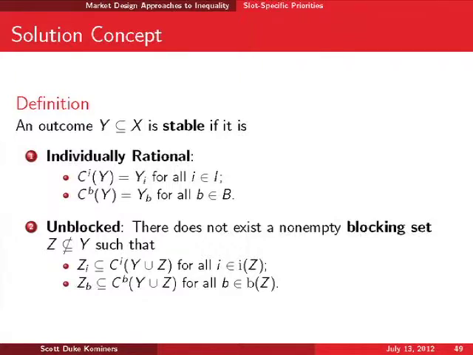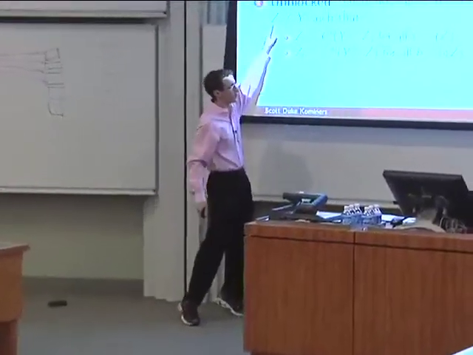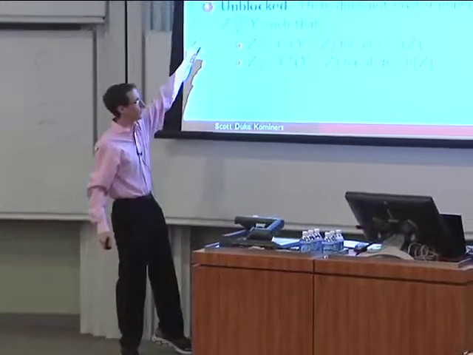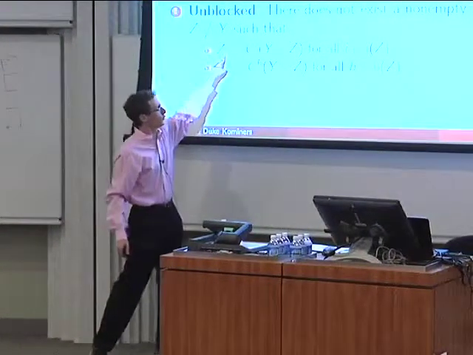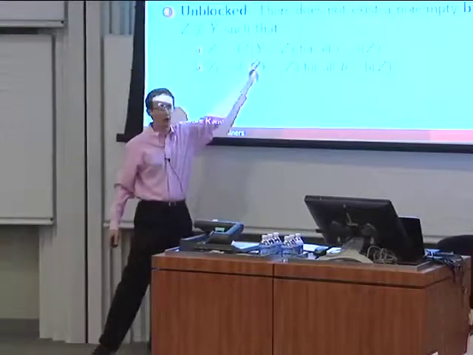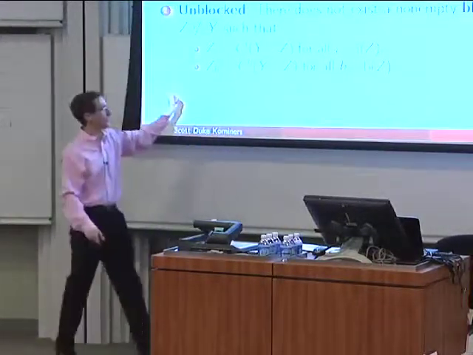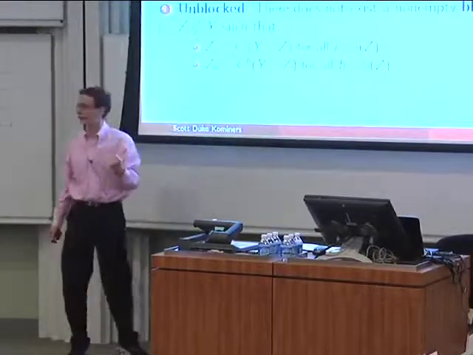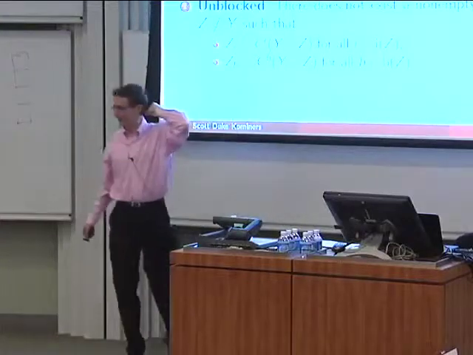Unblockedness, so this is the one that people now write completely differently. There's no set, so this is a blocking group, new set of contracts, such that if you get together, you all choose this set out of all of the options available from the old options and the new ones. So everyone in the blocking coalition wants to take the blocking contracts, possibly keeping some of their old contracts or discarding them.